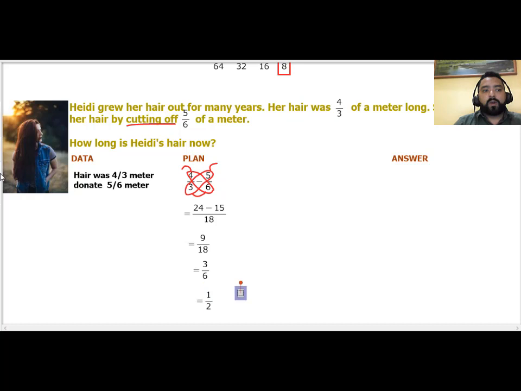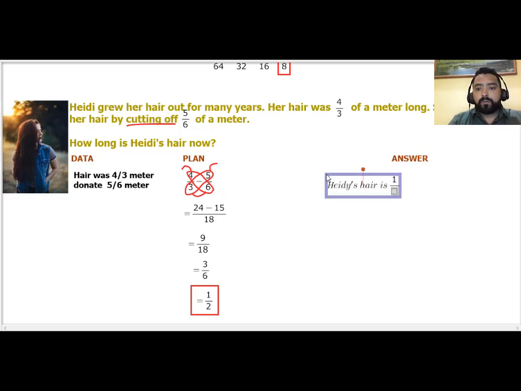So at the end, we're going to have 1/2. Now, we are going to write the answer. Heidi's hair is 1/2 meter long. Okay, and this is basically the idea.